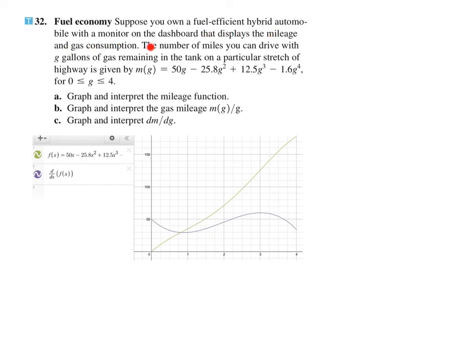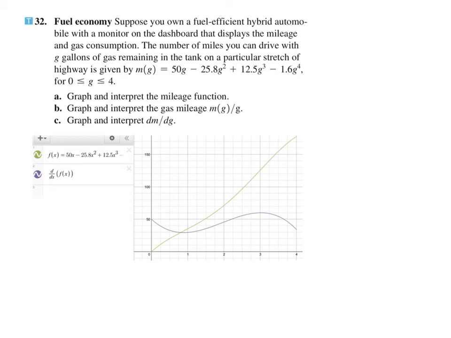You have the number of miles you can drive with G gallons of gas remaining in the tank on a particular stretch of highway, given by this function M of G. You're given this quartic function, but you're restricted to only the first 4 gallons of gas. That's where this statement here comes from, gallons of gas between 0 and 4 gallons.